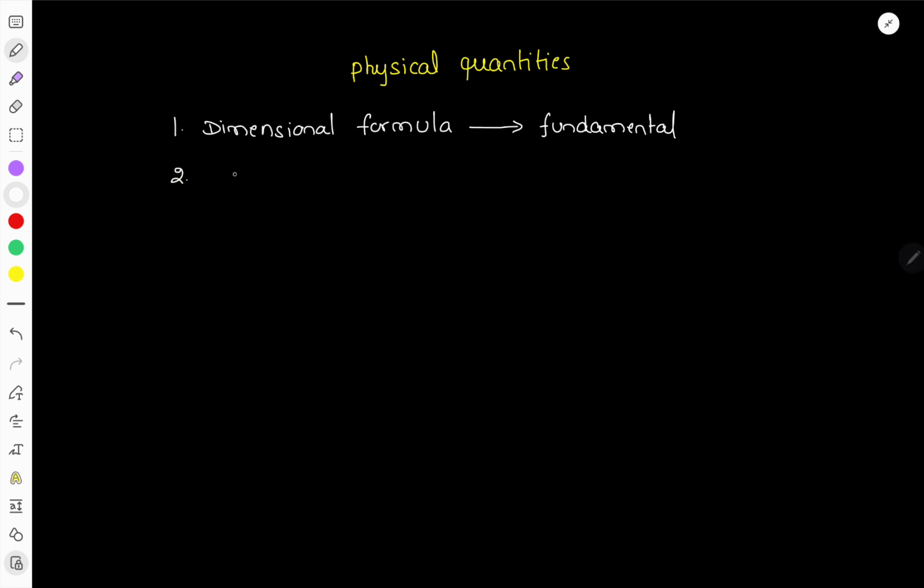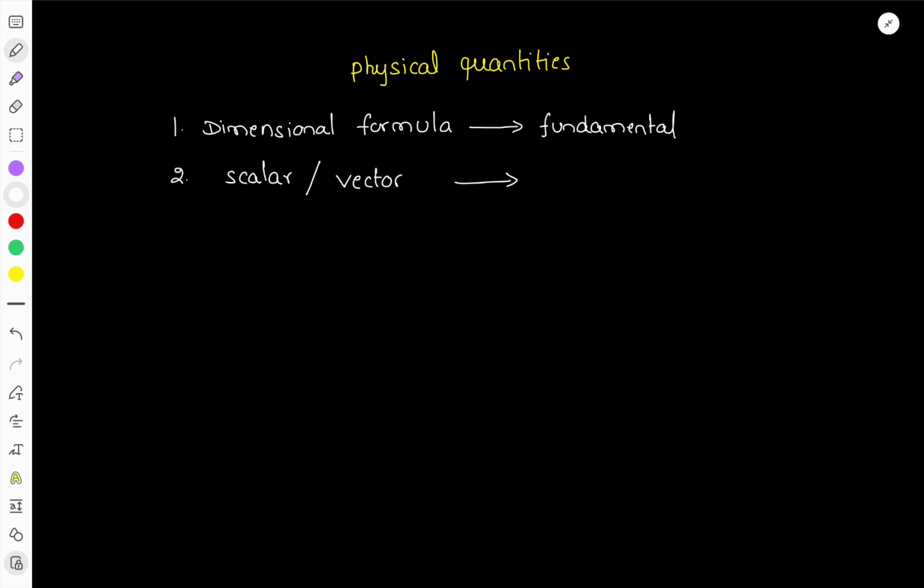Number two, either it is a scalar or a vector. So what does this scalar or vector give us? Whenever we are knowing about that particular physical quantity, do we need to know only the magnitude or the direction as well? What other information do we need to know about that physical quantity?